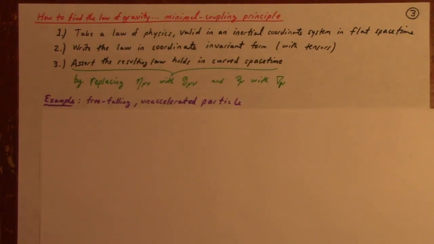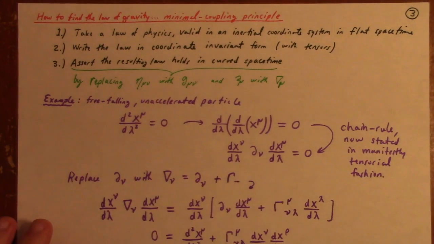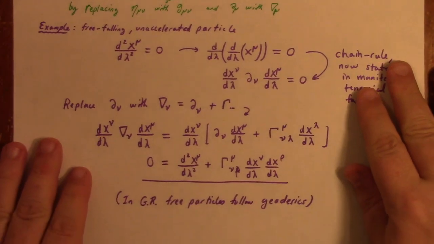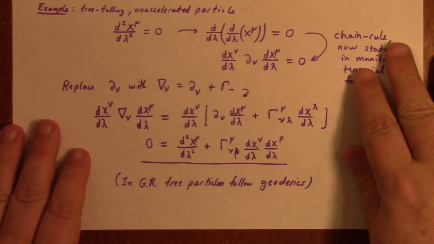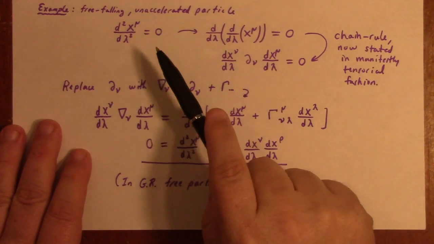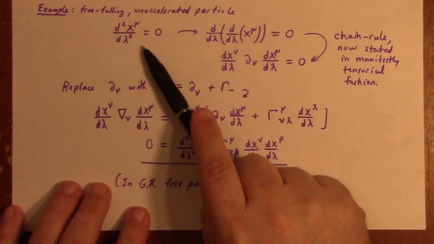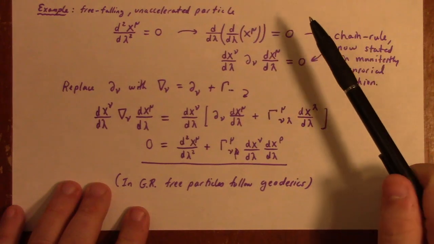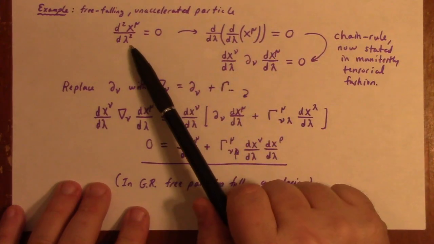And Carroll has a nice example, and here I'll share it with you. If you look at a free-falling, unaccelerated particle, then that would be the acceleration 0, right? In usual Minkowski space, which is not quite a tensorial equation.